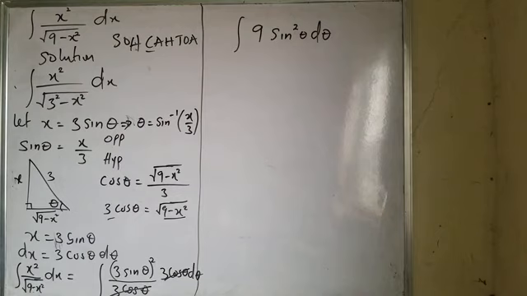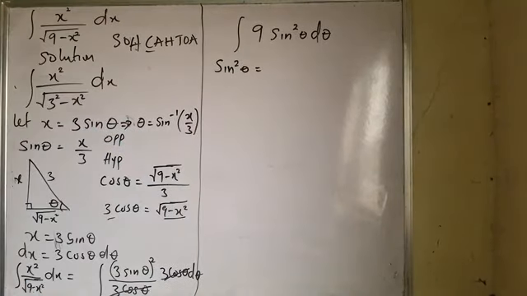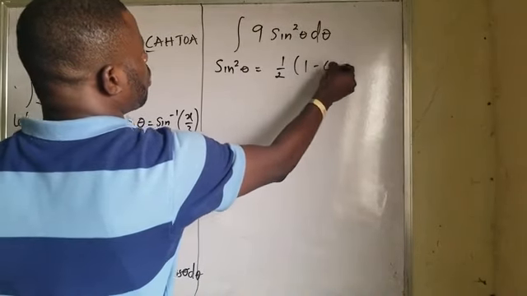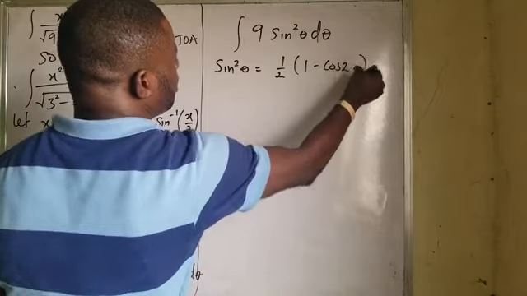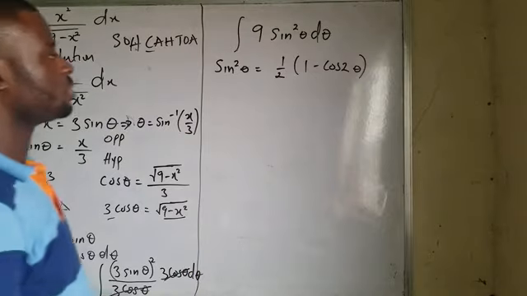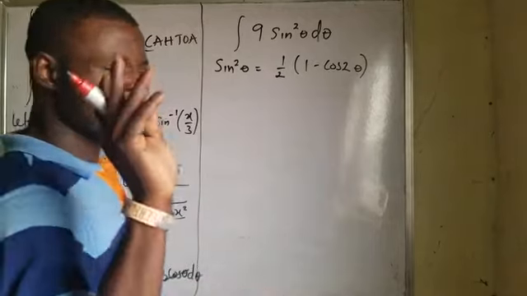Back to your trigonometry, I can say that sine squared theta will be equal to 1 over 2, bracket of 1 minus cos 2 theta. Please take note of that. I think you should know this by now. If you don't know it, check our trigonometry videos, there are 5 videos on it.